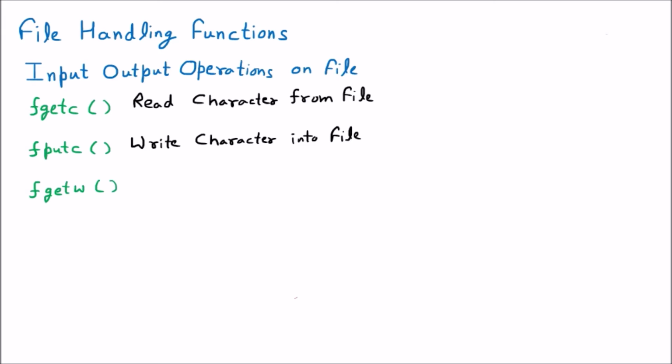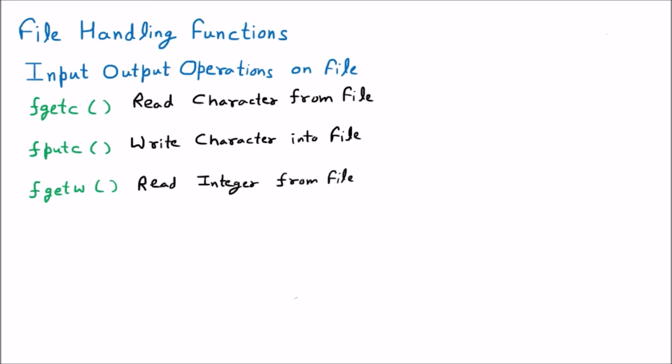That means it is for sure going to read from the file. But here we are going to read the integer. So fgetw is going to read the integer from the file. So we can write it here: read integer from file.